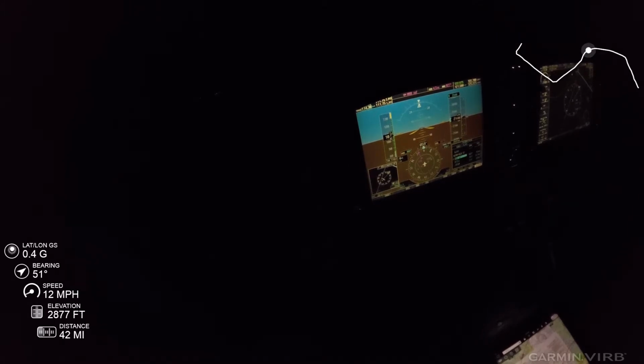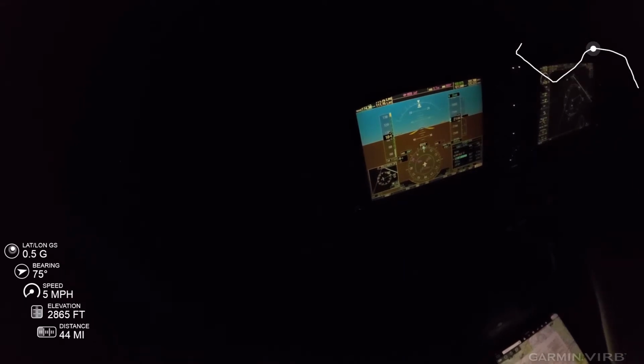Scavengers 220, right turn 090. 090. Scavengers 220.